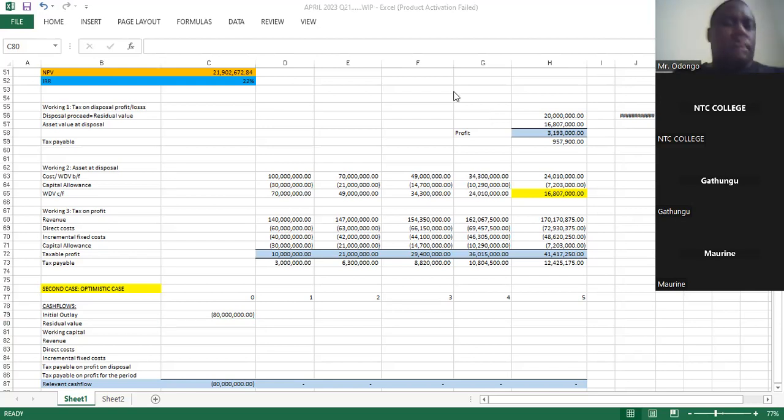So that is therefore how we compute the initial outlay under the optimistic case. I simply decrease by that 20%, so that I have negative 80 million. Now let's look at the residual value.